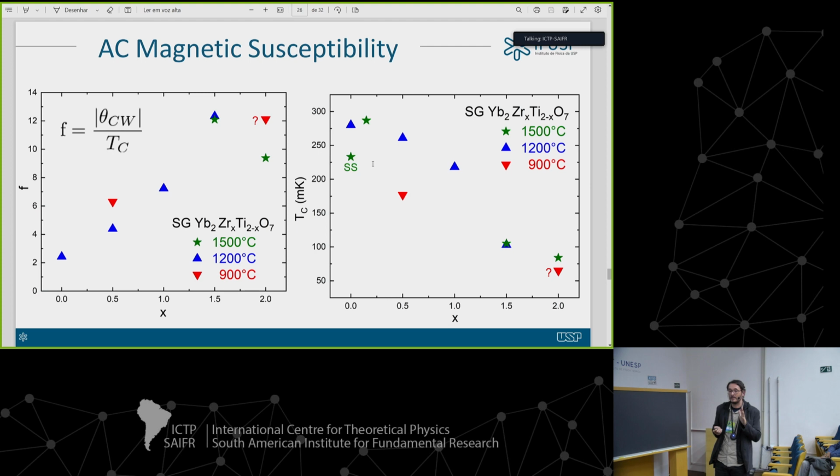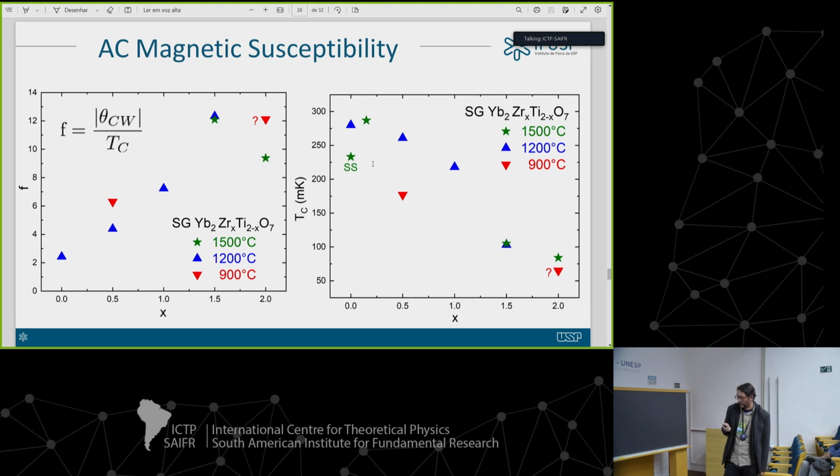So we have samples depending on the synthesis method, sol-gel or solid state reaction. And here's the peak position, which we associated with this ferromagnetic transition, which goes down as you increase disorder and get a system which is less symmetric, not an unexpected result.